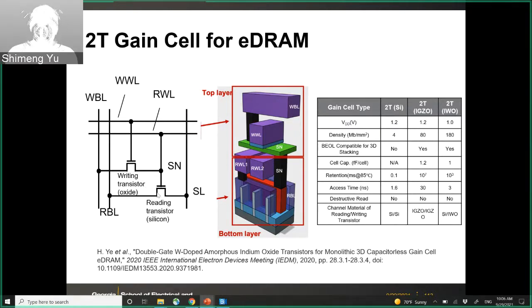One transistor is the reading transistor. The other transistor is the writing transistor. Here you have a write word line and read word line, and a write bit line and read bit line, and they share a common source line. And your storage node is here. This is your storage node.